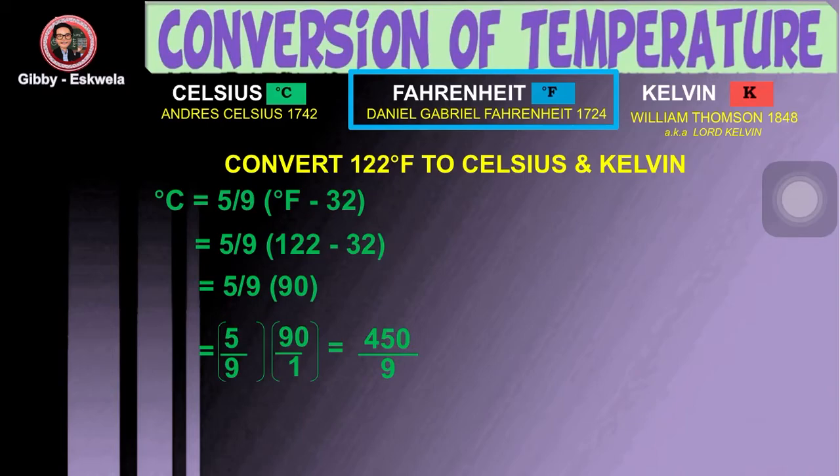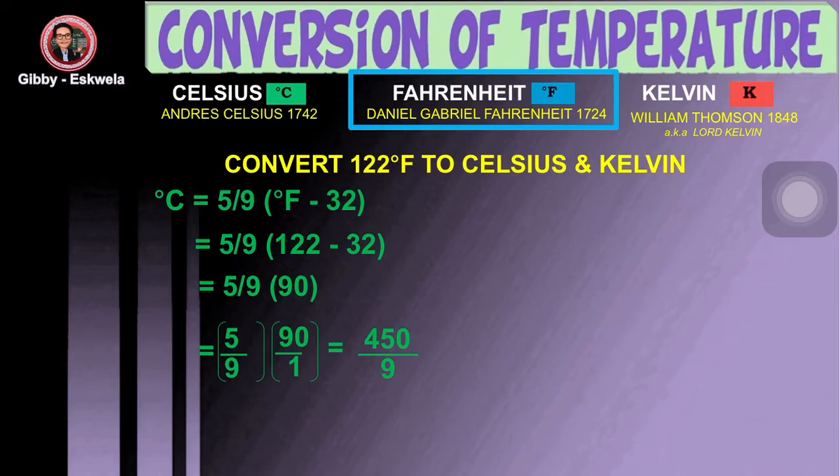Remember, any integer has a divisor of 1, that's why we got 90 over 1. And as much as possible, do not convert 5 over 9 to a decimal and round it off to 2 decimal places, because that will not give us an accurate value.